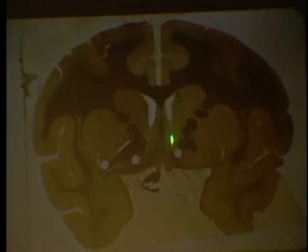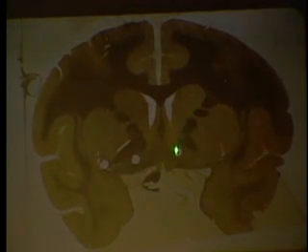Where are we? Are we forebrain, midbrain, or hindbrain? Forebrain, good for you. How do you know forebrain? What are these large structures here? Basal ganglia. Here you are in the cerebral hemispheres, and in this slide it shows the basal ganglia so large and clear.